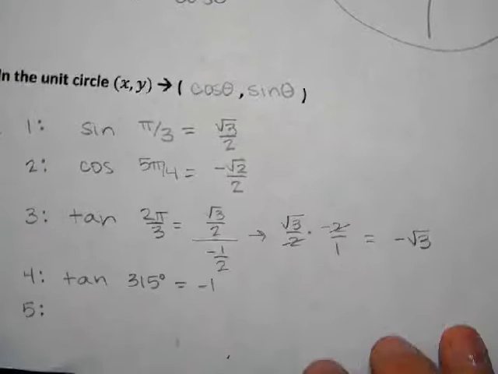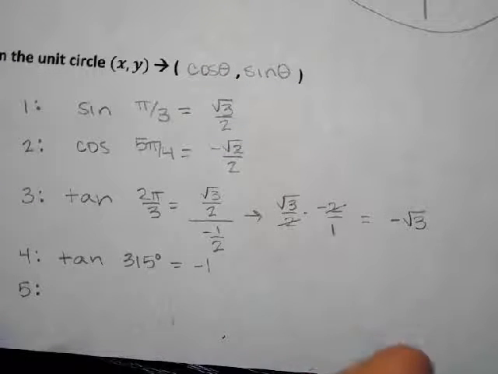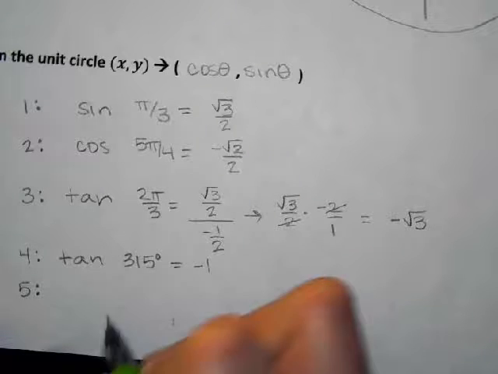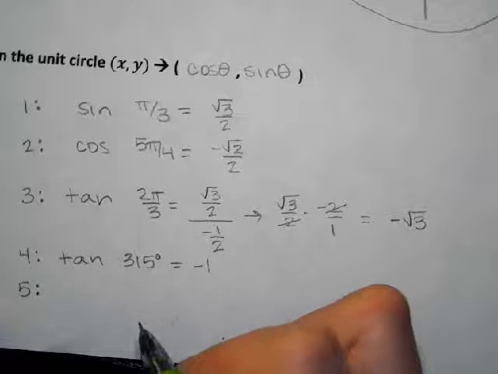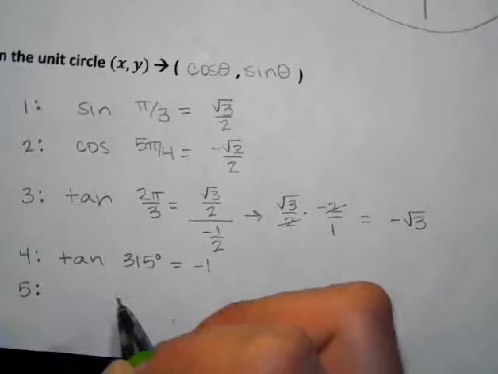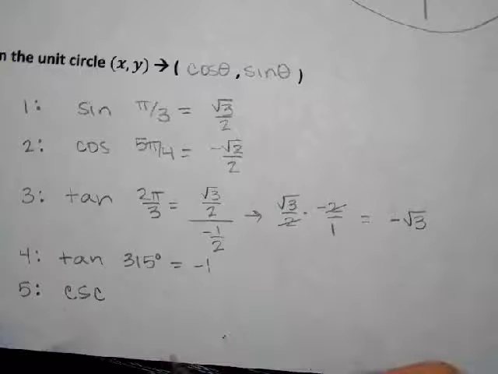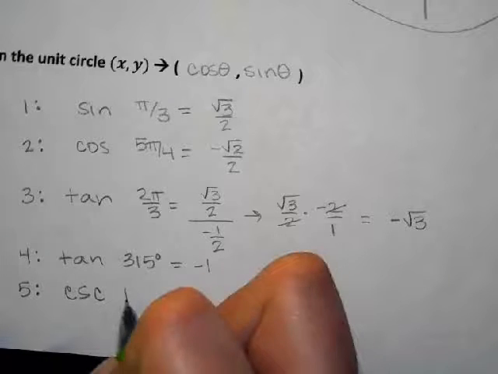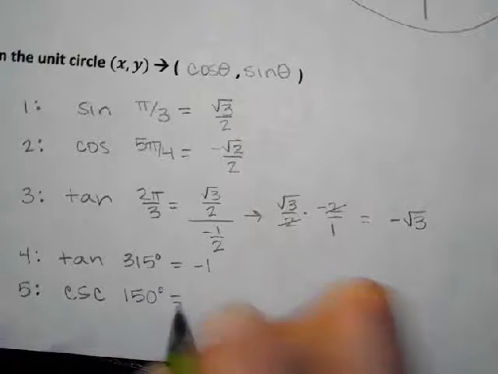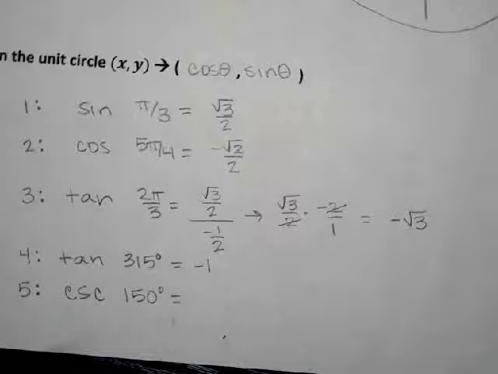We're going to do cosecant. Do you guys remember cosecant? Cosecant of 150 degrees. So how does cosecant work? It's the opposite. You take sine and you flip it. So if it's 150 degrees, we're taking sine, which means what coordinate we're using?